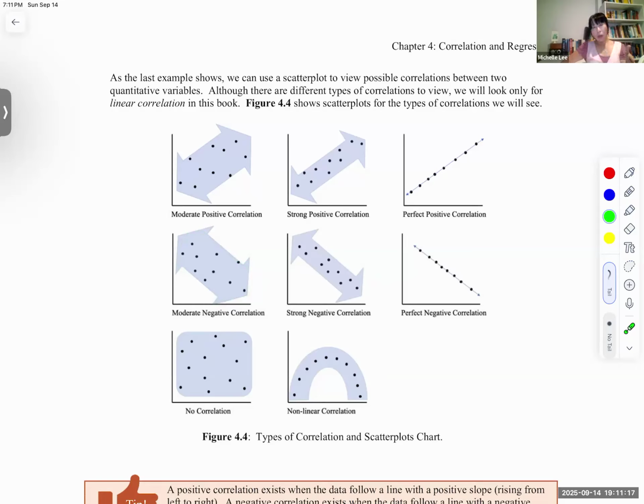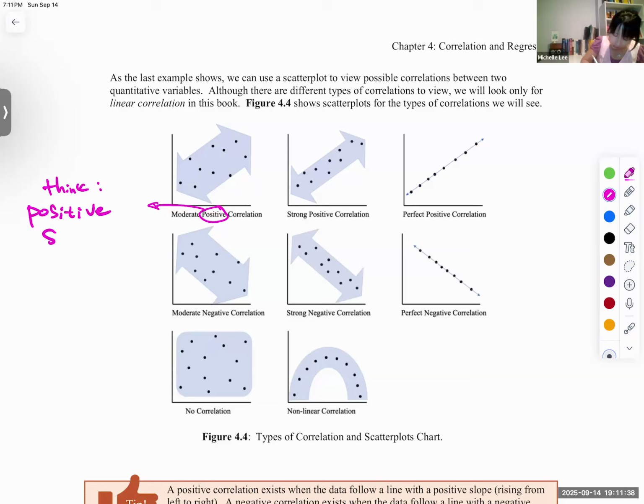So positive, negative, we might think about the slope. Positive slope, negative slope, right? Positive thing, positive slope. And then negative thing, negative slope.